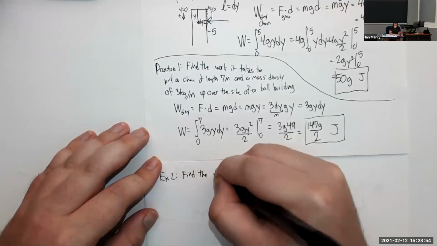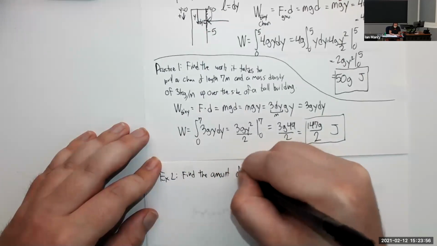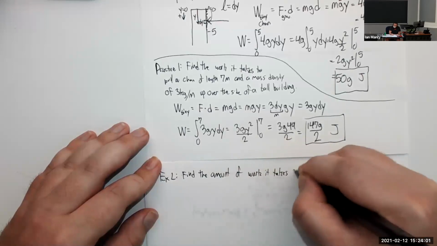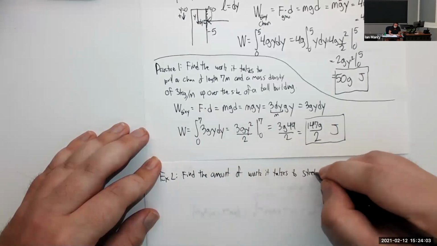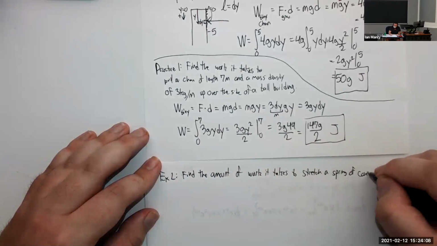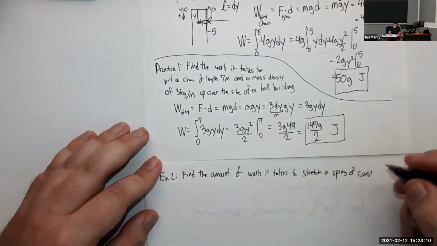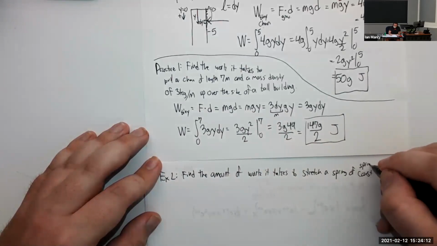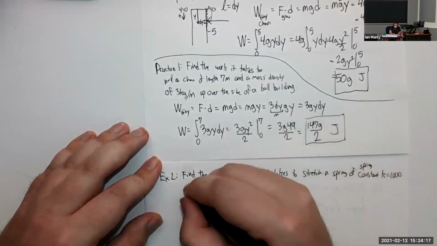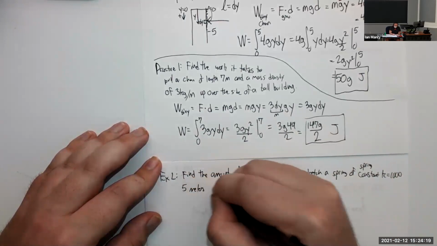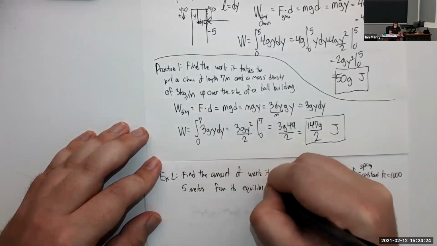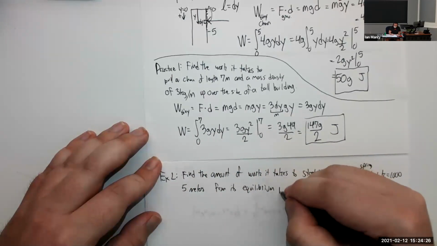Find the amount of work it takes to stretch a spring of spring constant k equals 1,000, 5 meters from its equilibrium position.